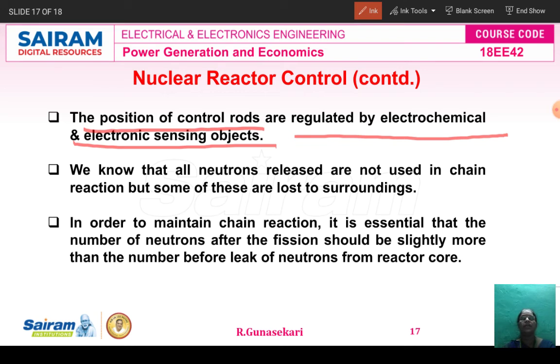We know that not all the neutrons released are used in the nuclear chain reaction, and some neutrons are lost to the surroundings during the chain reaction.